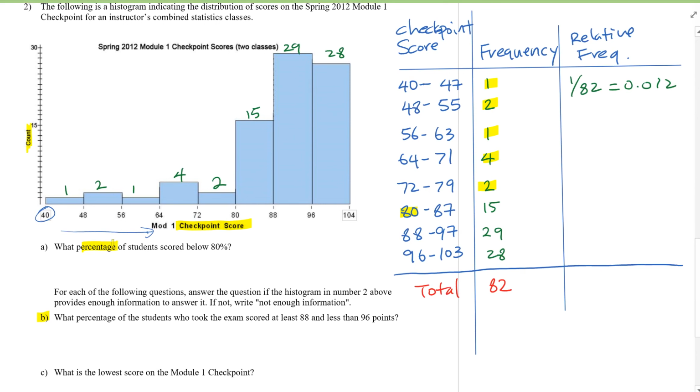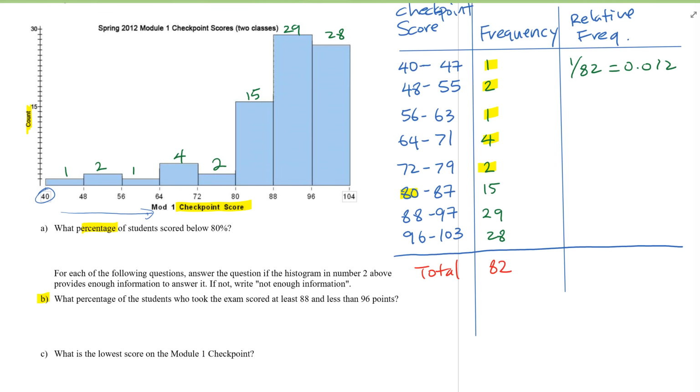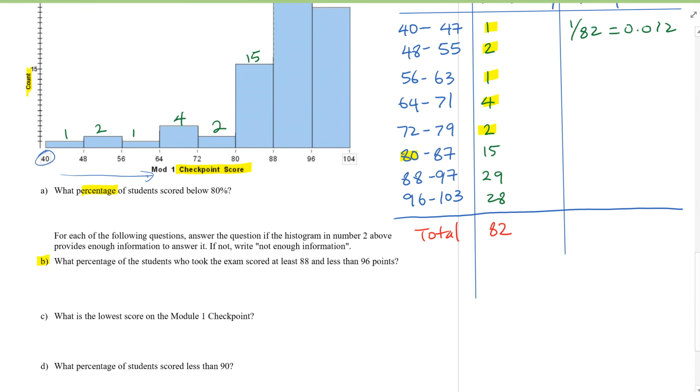I don't want the number of students. So convert the number of students to a percentage by dividing by the total. So I would have 10 students score below 80, and 10 over the total 82, which is the relative frequency. 10 over 82 gives me 0.122.